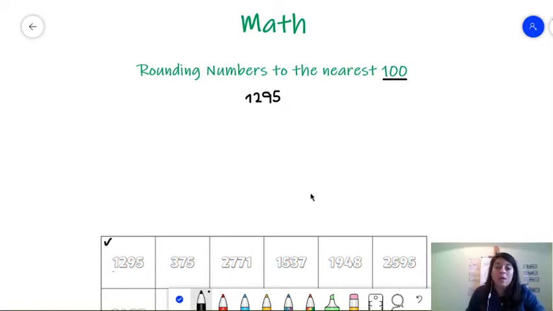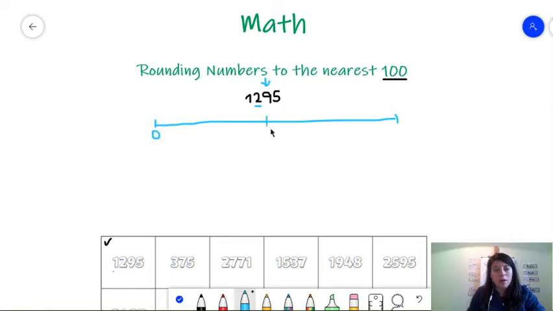Okay, so in that video, the first thing that we do is we identify the 100, but then we look at the number right next to it, which in this case is the tens. So we worked by doing this on a number line. Remember that we have our number line, and we always start our number line from 0, okay? And we have 5 in the middle, and then the other one is 9, okay?